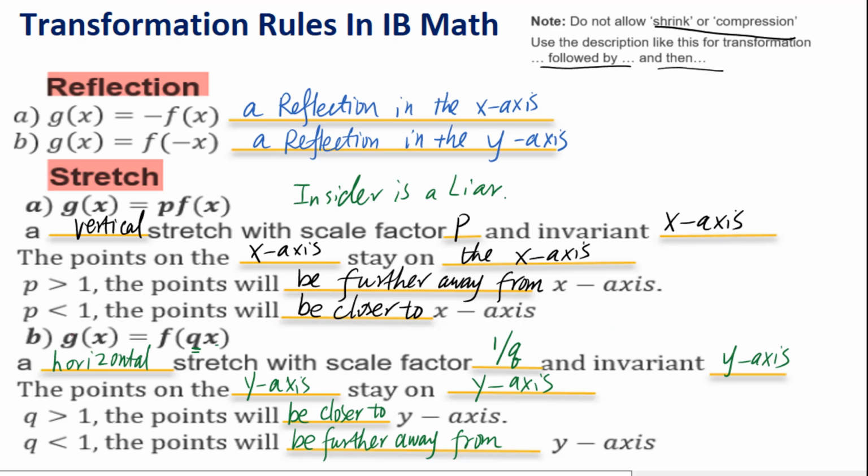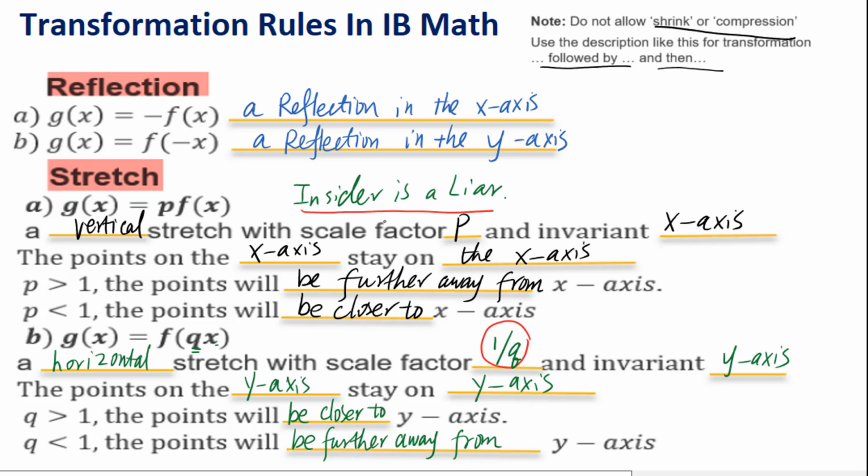Let's look at B. g of x equals f of qx. Since this q is with x, we will have a horizontal stretch with a scale factor 1 over q. It's not q, it's 1 over q. Any number with x, we call this an insider.